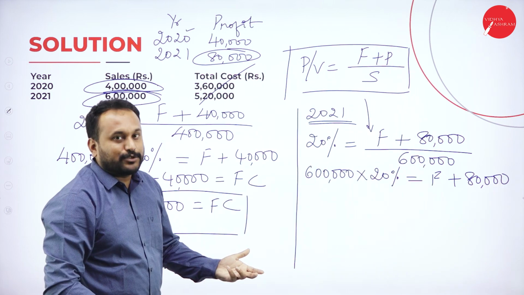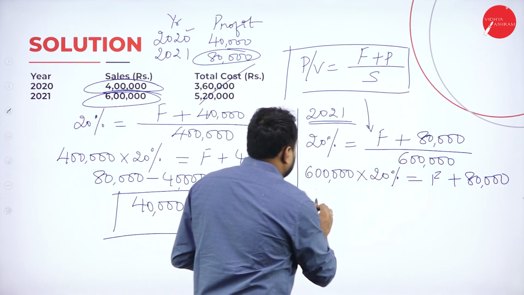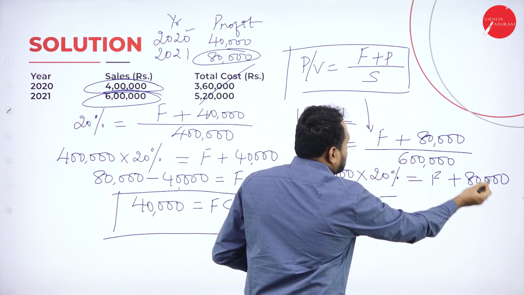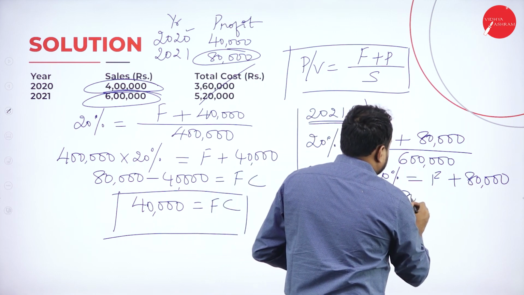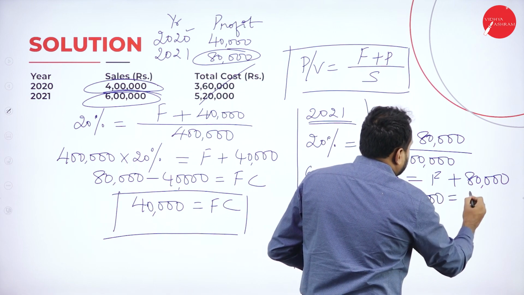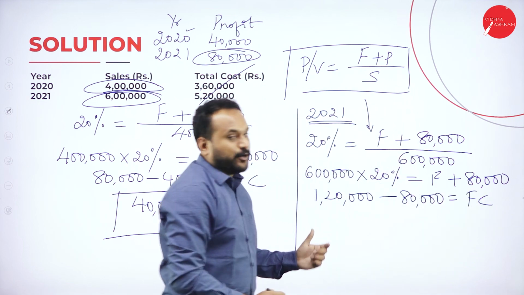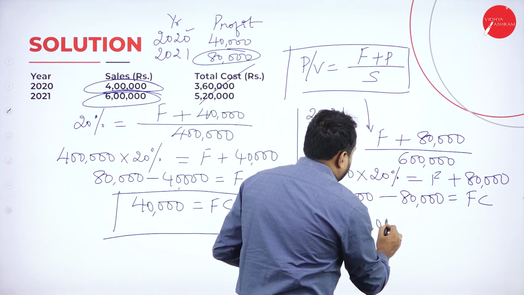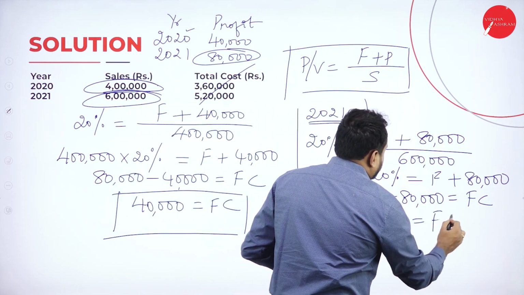So here 6 twos are 12, so we have 1,20,000 minus 80,000, which will come here, is equal to fixed cost. 1,20,000 minus 80,000 is 40,000. 40,000 is equal to fixed cost.